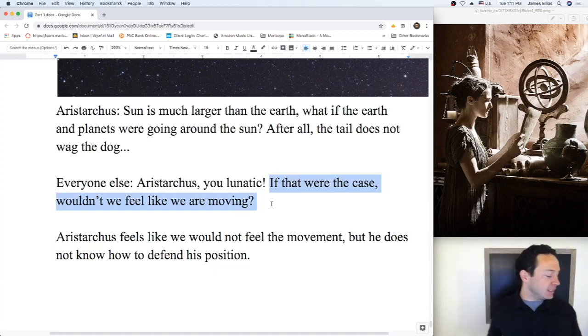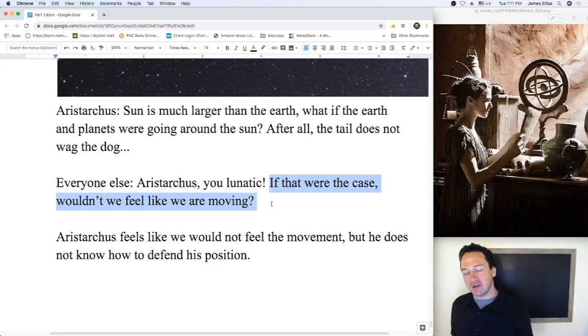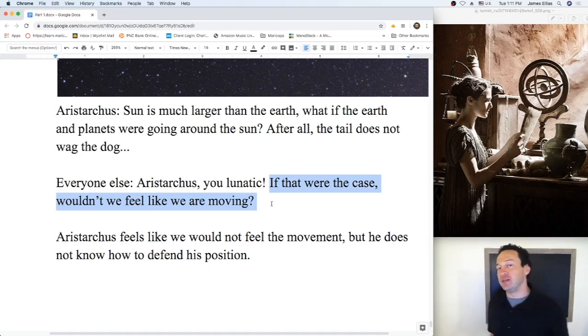You can actually calculate, according to Aristarchus' theory, how fast we're supposed to be going around the sun. According to Aristarchus' numbers, we would be going around the sun at thousands of kilometers per second. Something like that. I didn't work it out, but really fast. So people are just like, well, if we were going that fast, wouldn't you be hanging on to the nearest rock for dear life? And then wouldn't there be wind blowing past you?